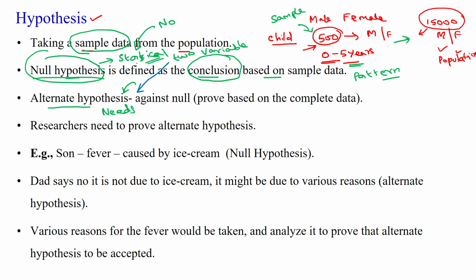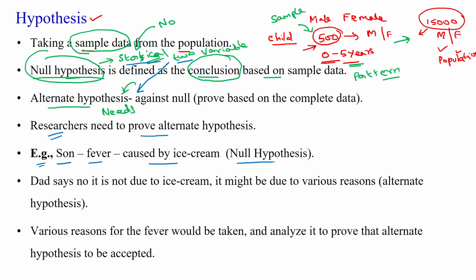Here they will use some statistical measures to identify the alternate hypothesis. Then to prove the alternate hypothesis, the researcher has to use a statistical measure to identify the difference between two variables to relate both of them. For example, we will take a son affected with fever caused by ice cream.